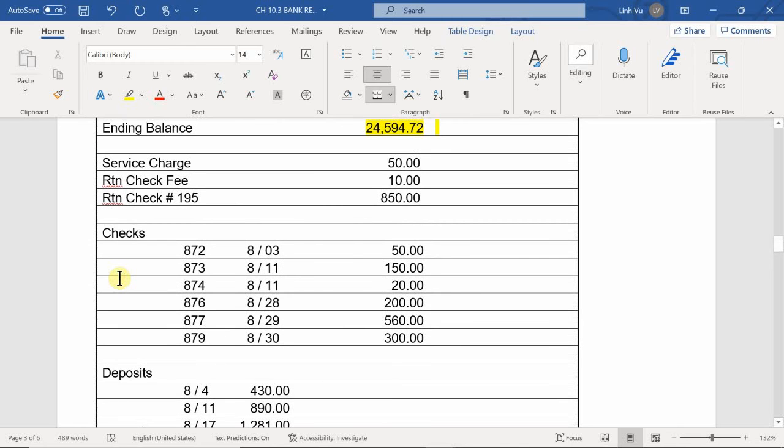Which checks have not yet been cleared? The 846, the very first one on that list. What else? Was there a 75? And 78. We're missing 75, we're missing 78.